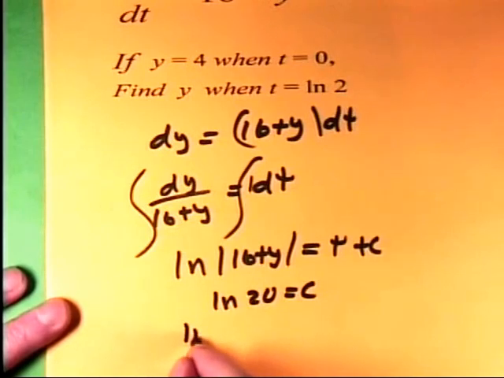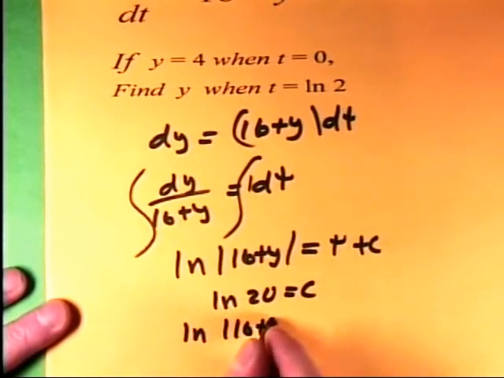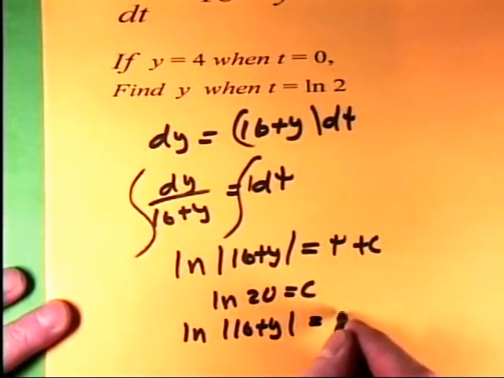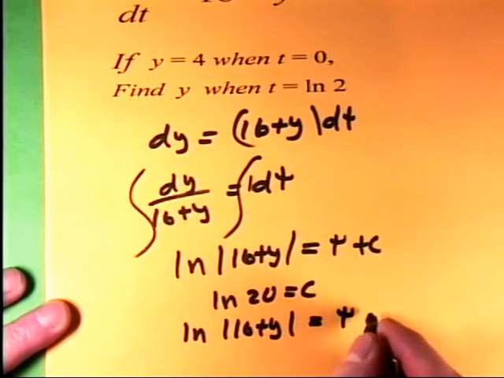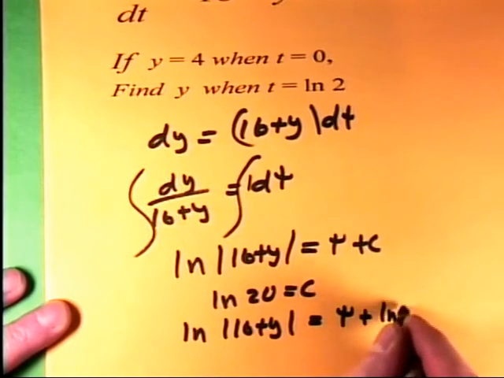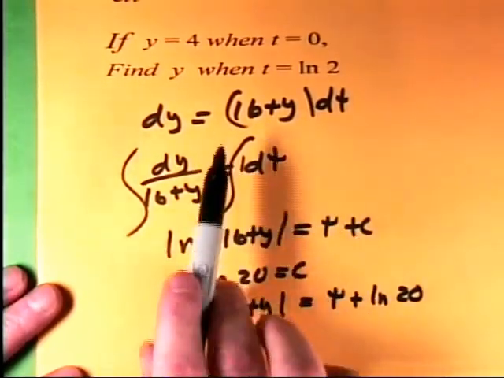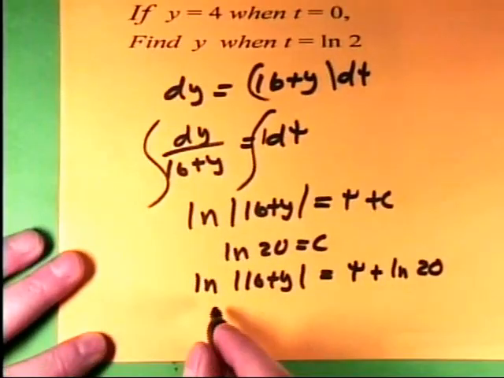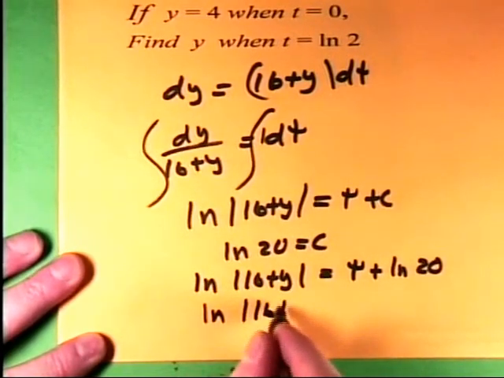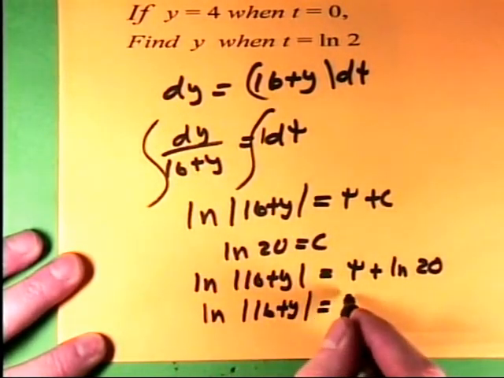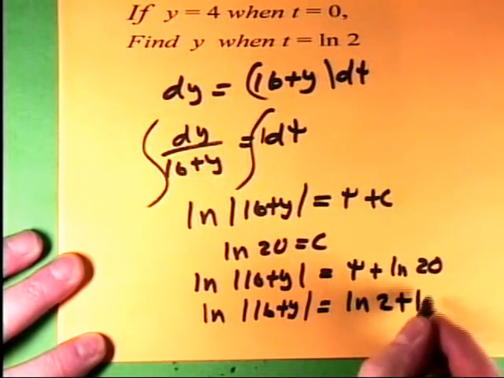So now we've got natural log of 16 plus y is equal to t plus natural log of 20. Now I want to find y when t is natural log of 2. So natural log of 16 plus y is equal to natural log of 2 plus natural log of 20.